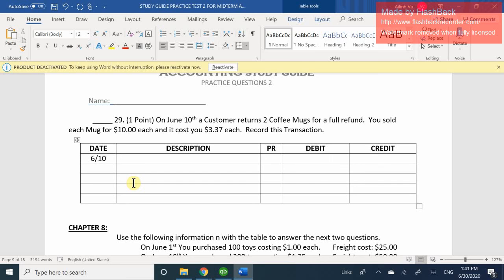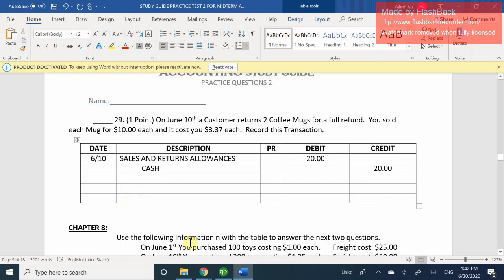Sales returns and allowances in cash for $20 is correct. And then mugs and cost of goods sold for $6.74.